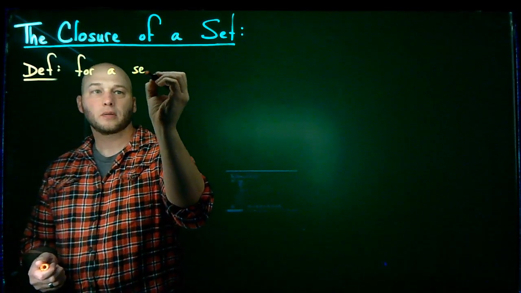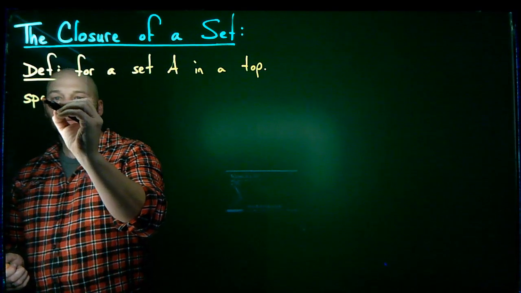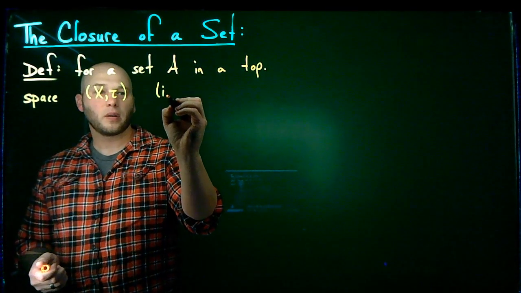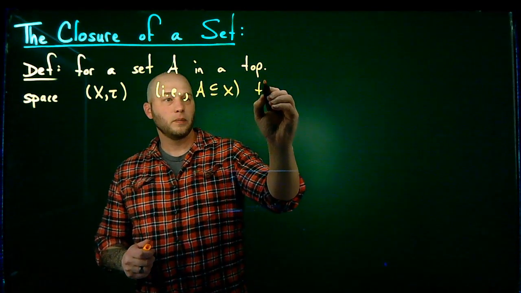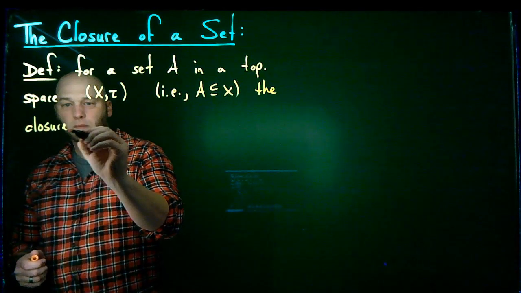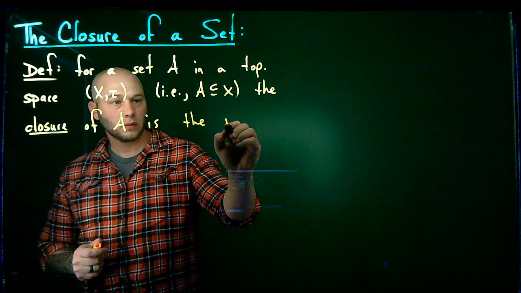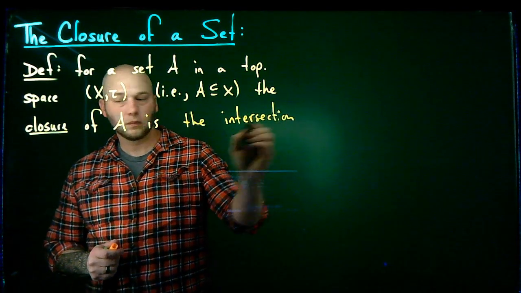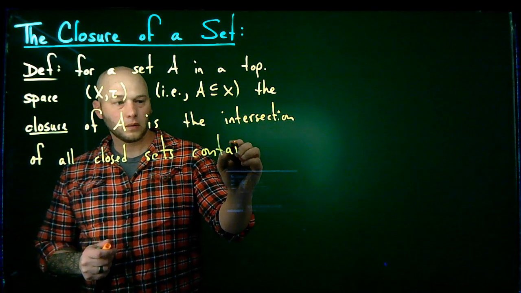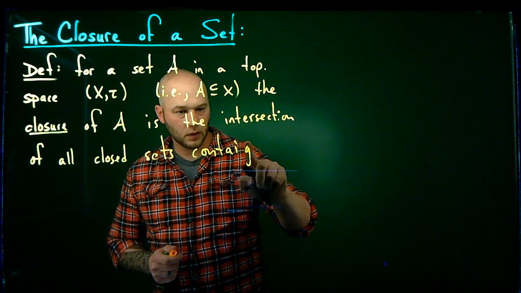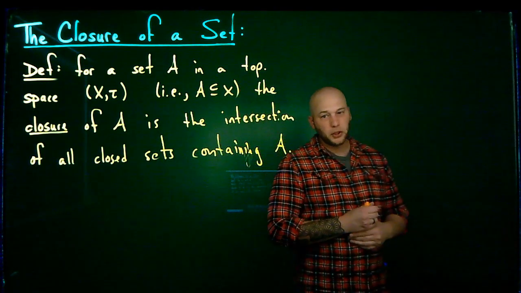For a set A in a topological space (X, tau), so in other words, A is a subset of X, again within this topological space, the closure of A is given by the intersection of all closed sets containing A. Right?